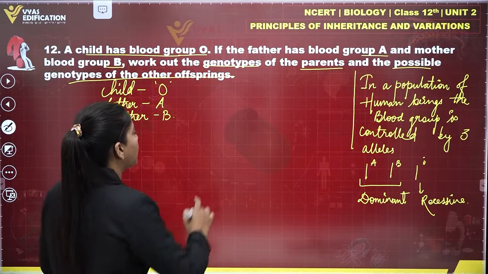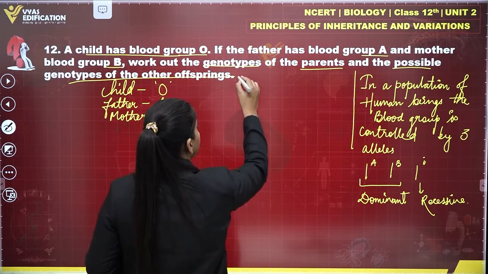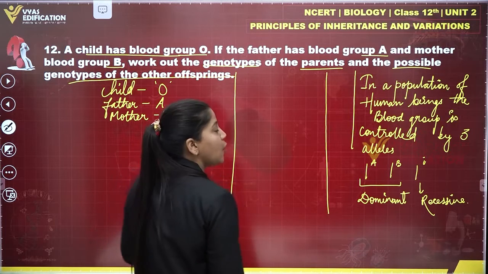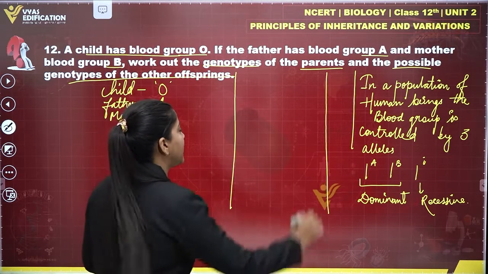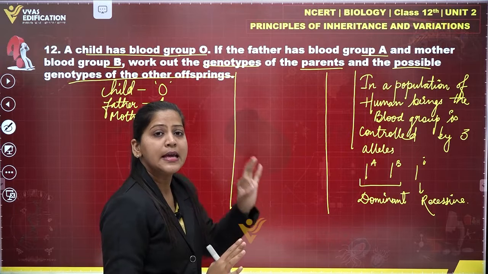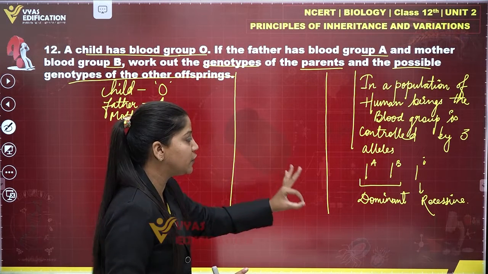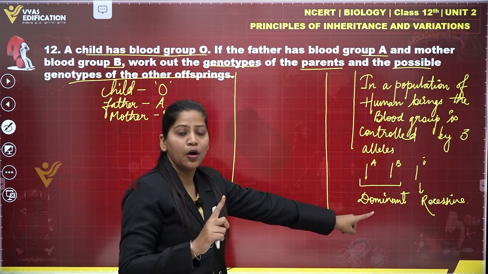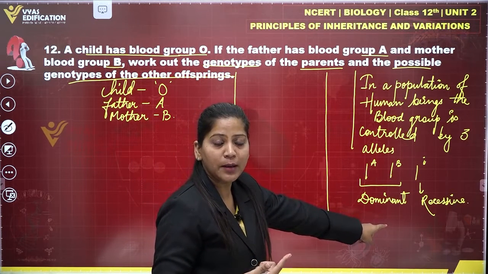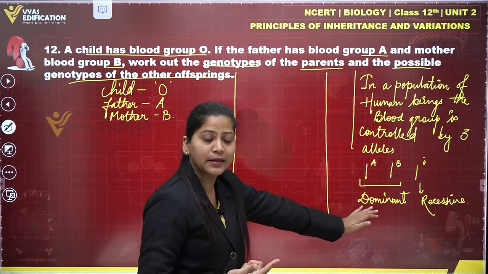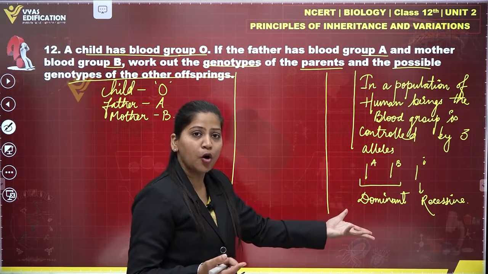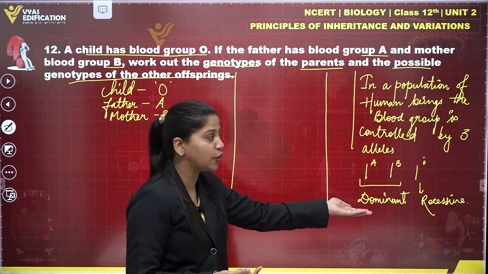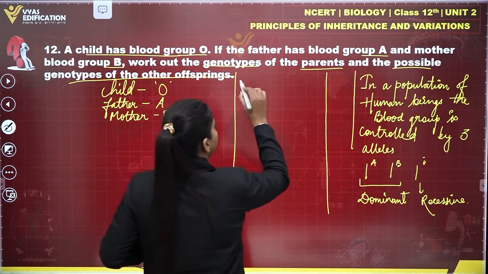Yes, it is possible, because there are 6 possible genotypes of the ABO blood group system in human beings. As we have 3 alleles, the formula for the possible genotypes is n(n+1)/2, which gives 6.